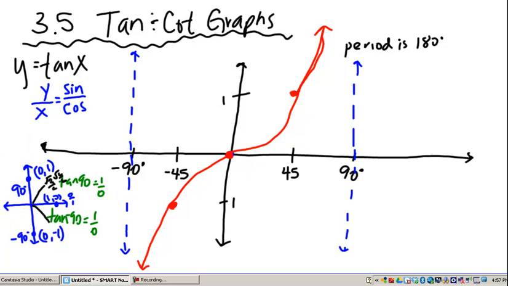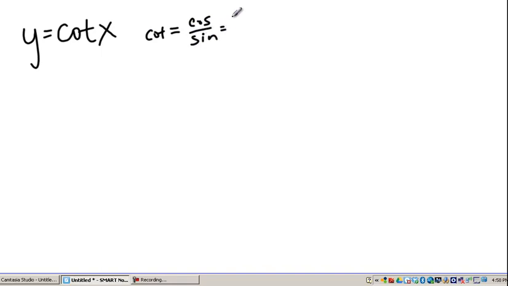Okay, next one is cotangent. So y equals cotangent of x. As a reminder, cotangent is equal to your cosine over your sine, which is also the same as x over y in terms of our unit circle.